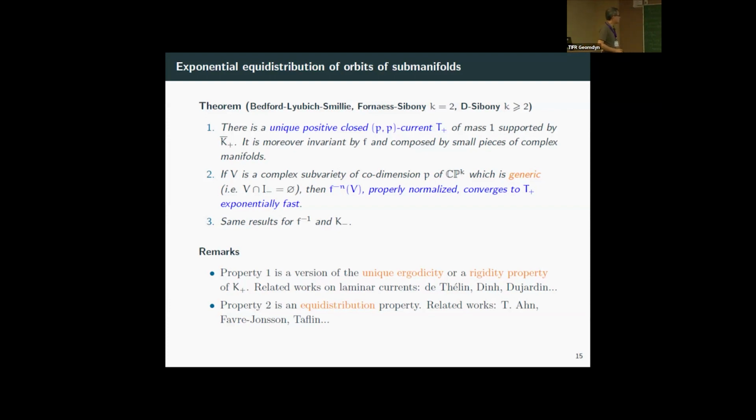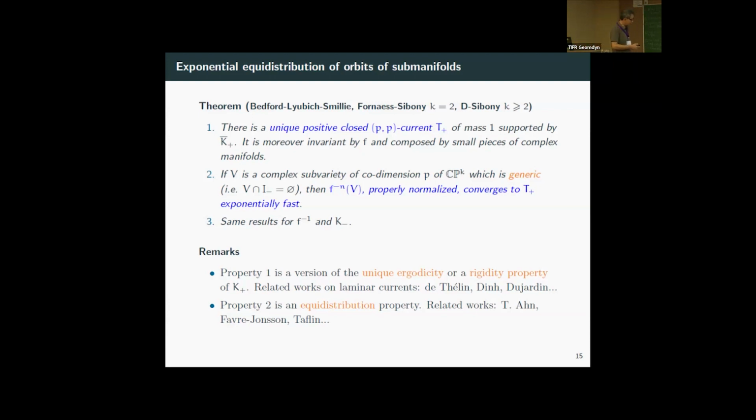The first property can be seen as some kind of unique ergodicity for T plus, for currents, or some rigidity for K plus, if you want. The second property is some equidistribution property. You have similar results in different settings, including the work of Tien-Cuong Dinh, Faber, Johnson, Taflan, and other people. Okay, so this is the first statement.